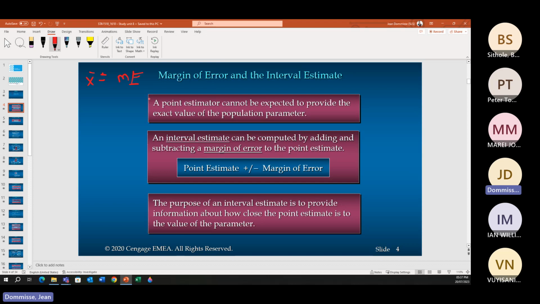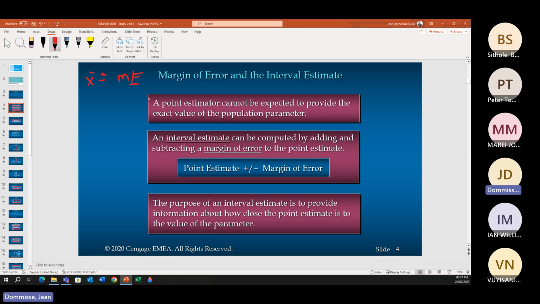As we go through the chapter, you will pick up that we talk about 90%, 99%, 95%. Those will be standard percentages. In the exam, it will always be 90, 95, or 99%. In your study guide, there's also a table that is a reference to that.